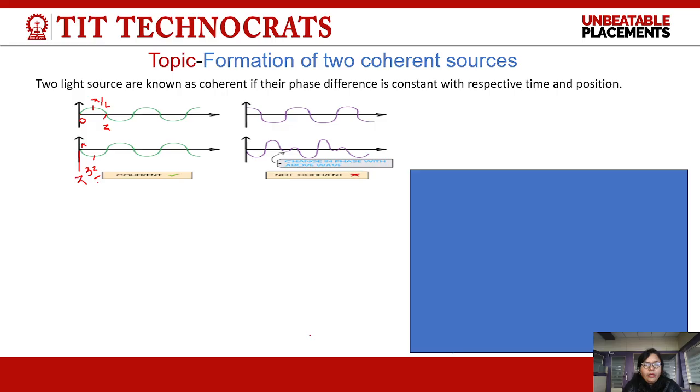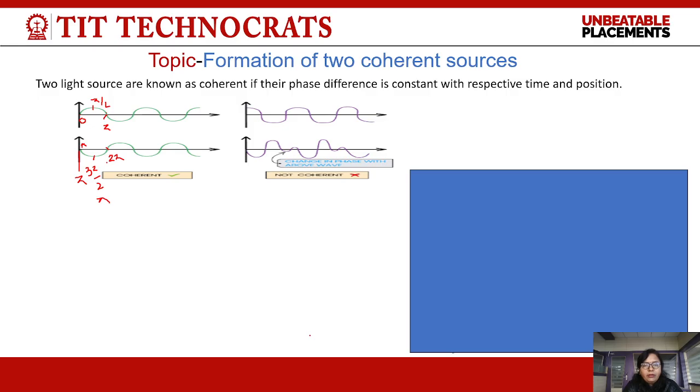Now we are going to subtract this phase from the lower wave's phase. So what do we get? Pi by 2 minus 3 pi by 2 is again pi. And what is the phase here? This is 2 pi. The first wave's phase is pi, the second wave's phase is 2 pi.